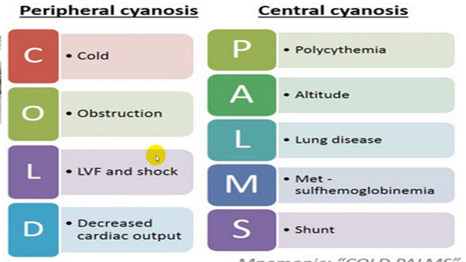So do remember that. If you want to remember this, better remember it with individual systems. Polycythemia may be primary, may be secondary. Primary is polycythemia rubra vera, and secondary is because of COPD, chronic hypoxia, that condition.